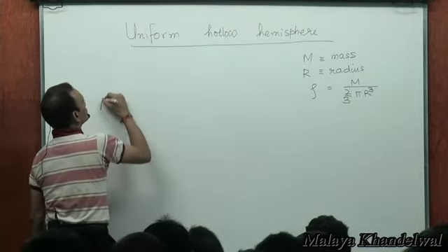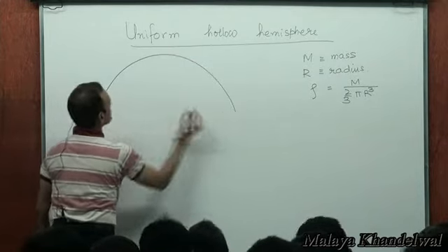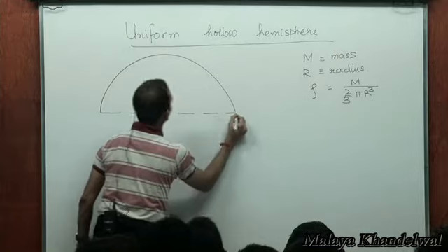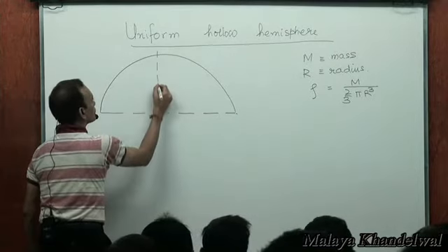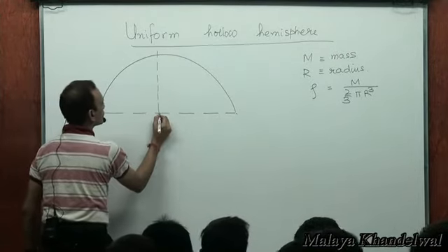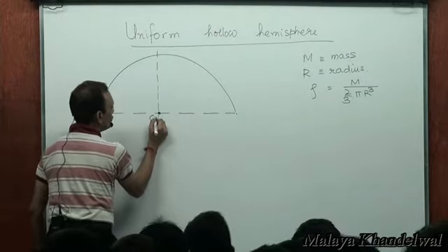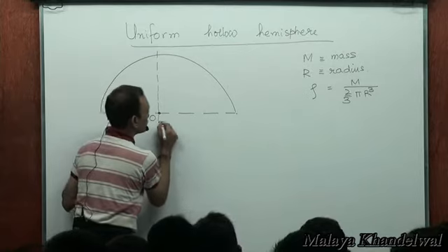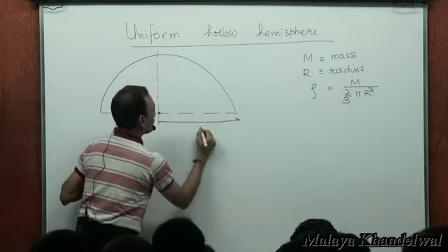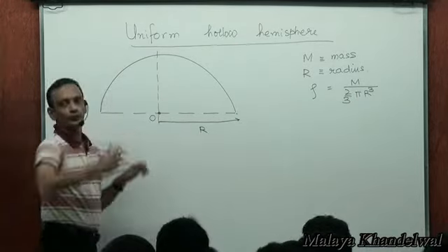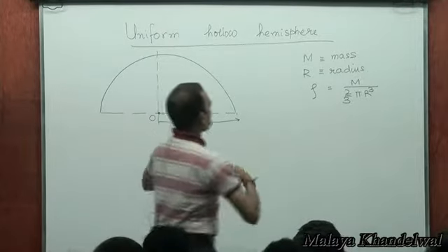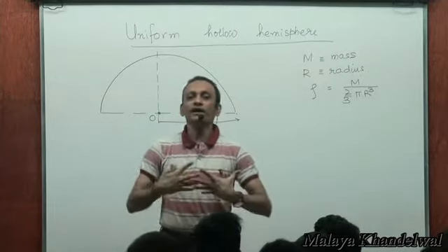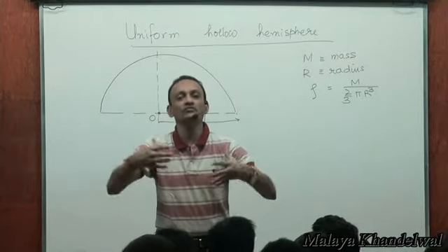Now, a hemisphere with center O, radius R, and it's hollow. What the whole thing revolves around is finding suitable elements of the hemisphere.